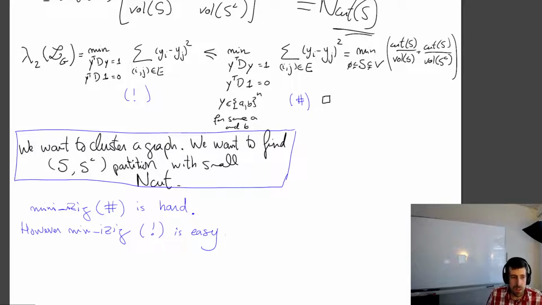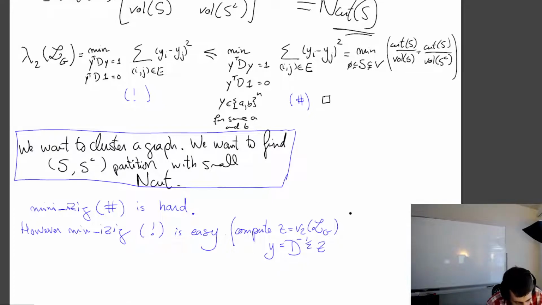So that's of course much easier. Let's be more specific. Compute Z being the second eigenvector of L_G. This is a spectral problem. And then take Y equals D to the minus a half Z. It's as hard as computing an eigenvalue, eigenvector problem.